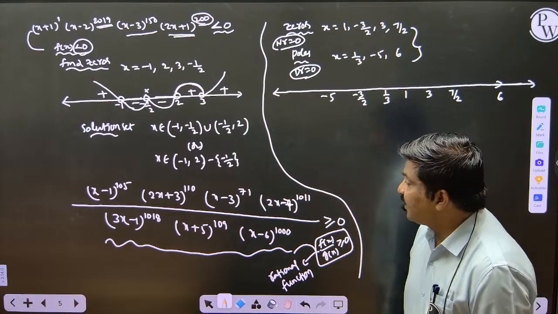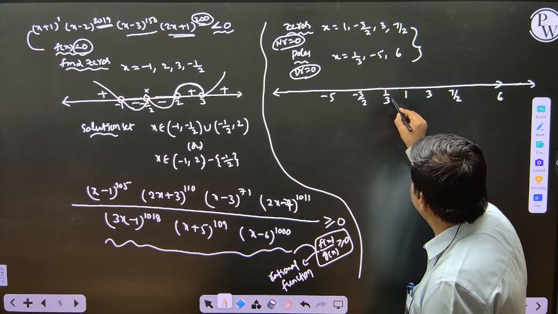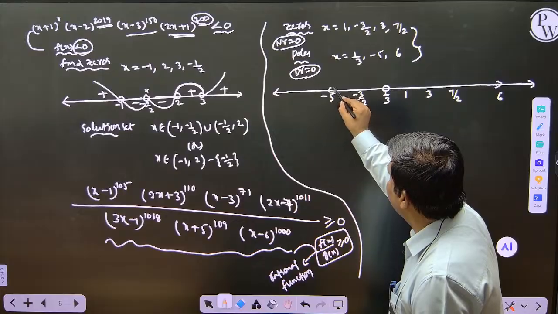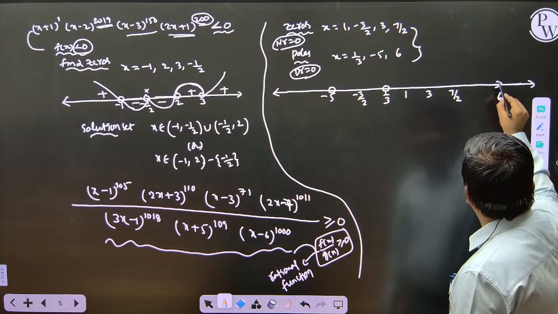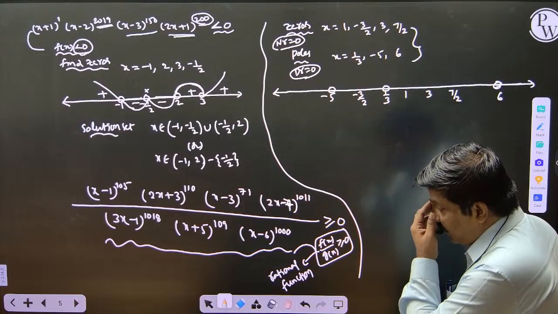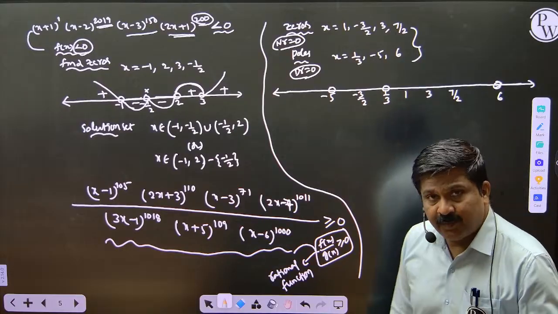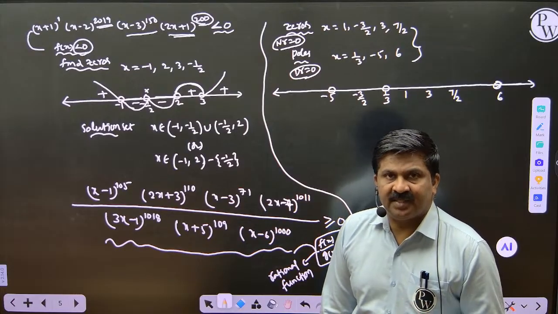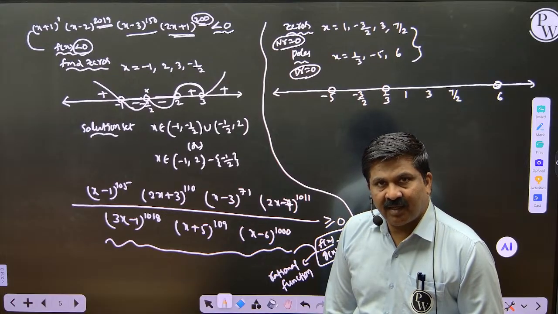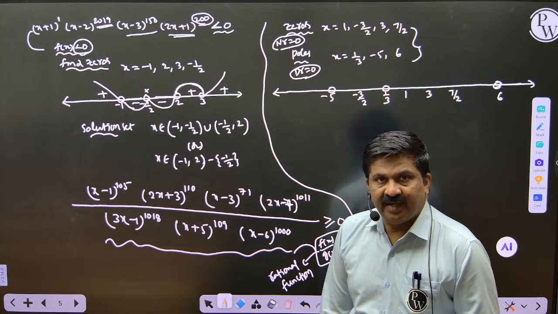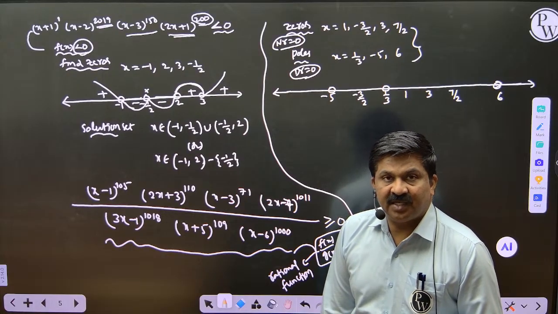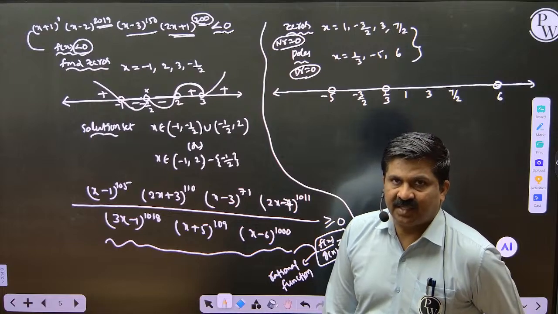As I already told you, poles are never included in our solution. So wherever poles are there, put an open circle. For zeros, you can put either a closed circle or an open circle: if zeros are included, put a closed circle; if excluded, an open circle.